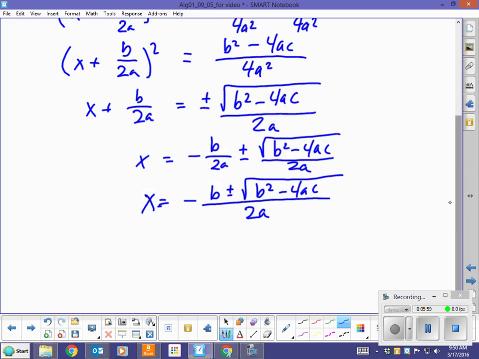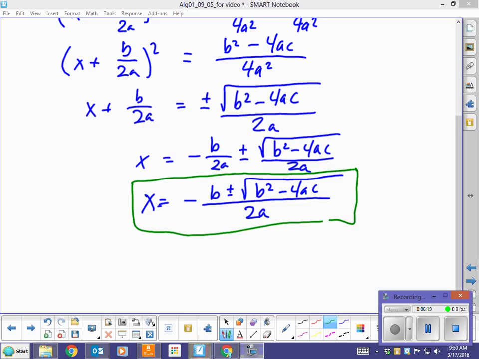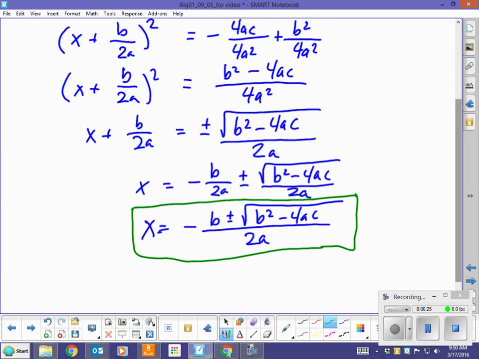And there we have our quadratic formula, where x equals the opposite of b plus or minus the square root of b squared minus 4ac all over 2a. And I just said this was the quadratic equation. This is the quadratic formula. Okay, this can be used to solve any quadratic equation. Any quadratic equation. Okay, so we're going to use this, and let's move on.